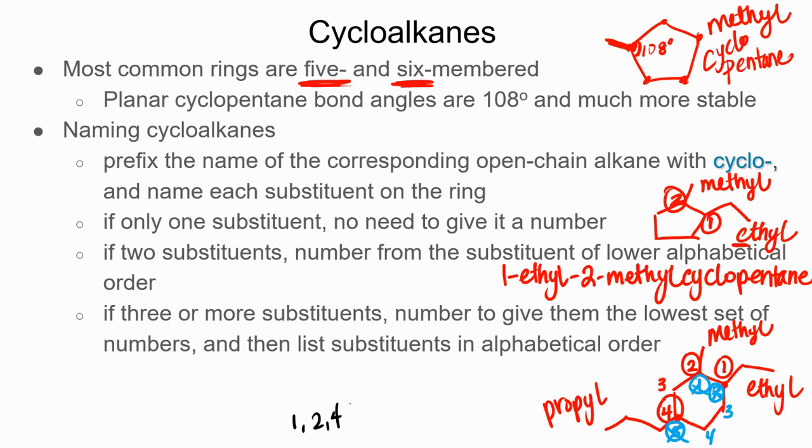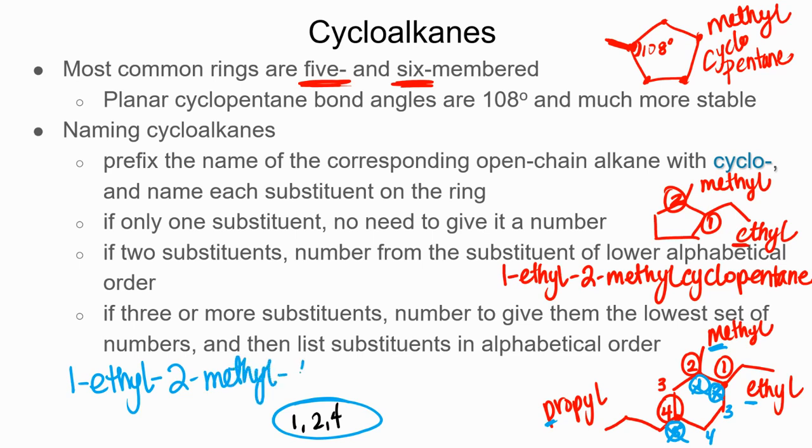So we need to stick with that 1, 2, 4 convention, and from there we alphabetize and we go, okay, put the E and then the meth and then the prop. So we're actually going to have 1 ethyl, 2 methyl, and 4 propyl.